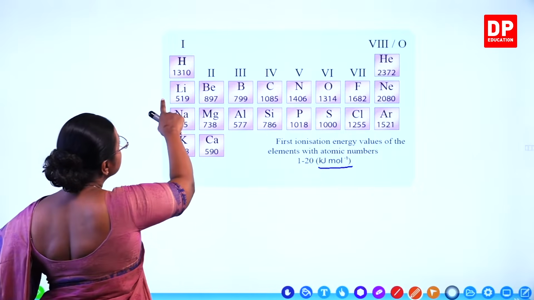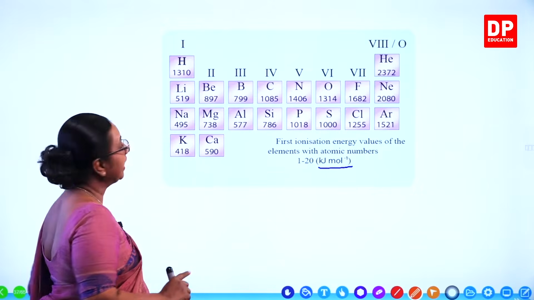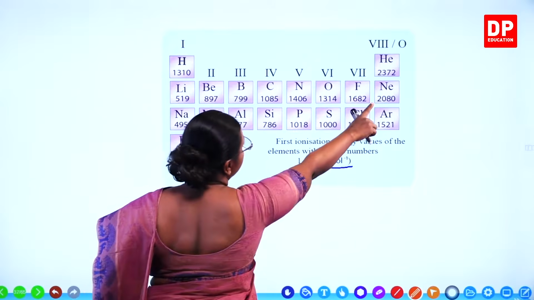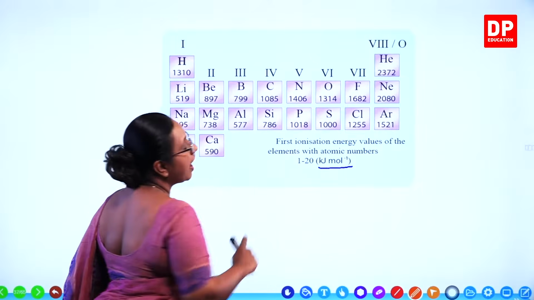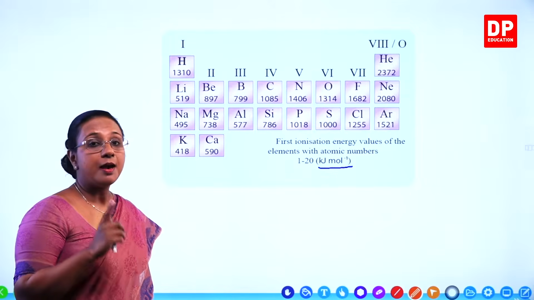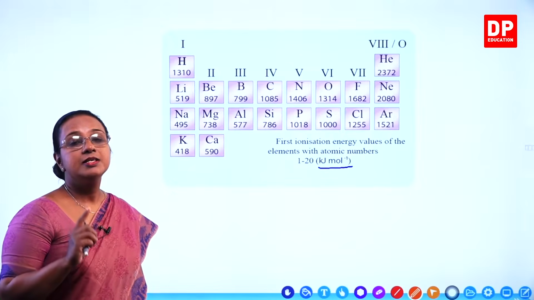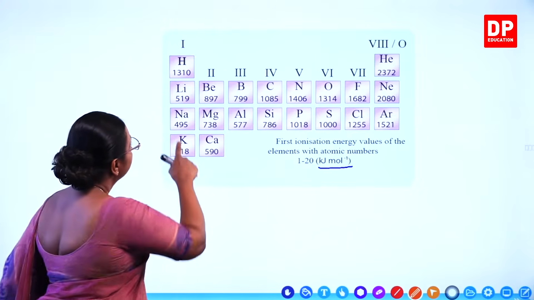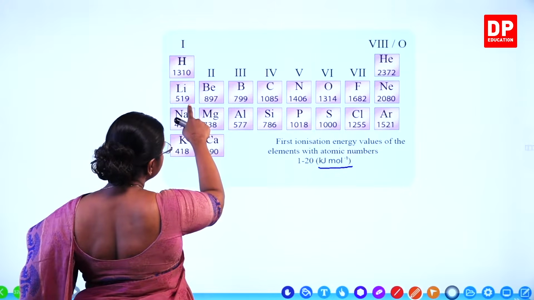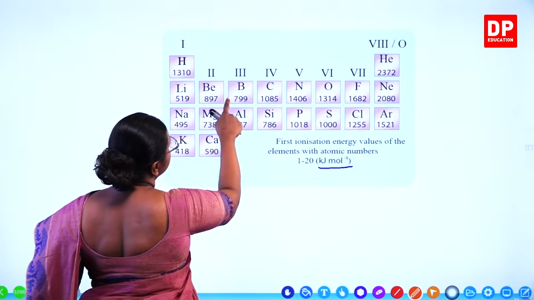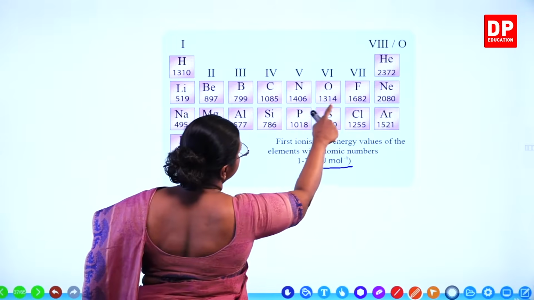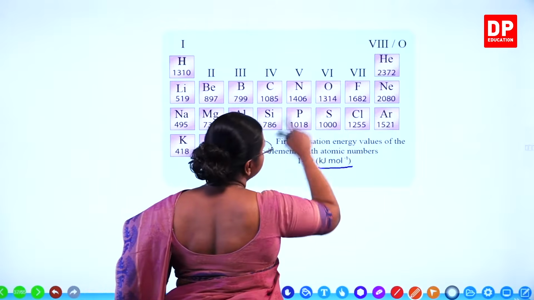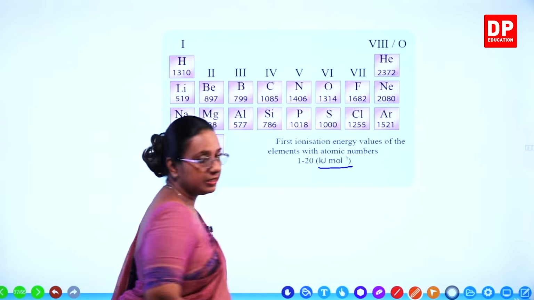But if we look at the second period, elements starting from lithium up to neon, you can see that there is an increase in the first ionization energy values, but according to a certain pattern. First one, 519, 897, there is a small drop here, 799, then it keeps on increasing, again drops at oxygen and increases.